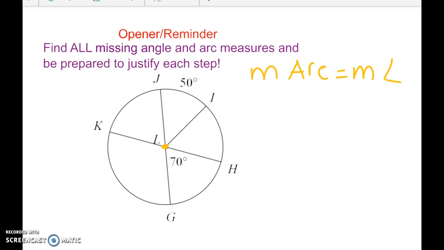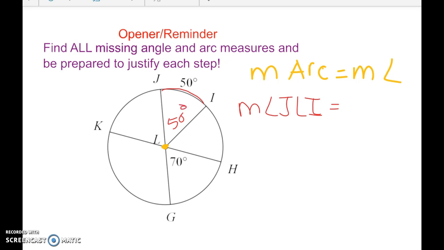So knowing all of this, we can see that arc JI is 50 degrees, so the measure of angle JLI has to equal 50 degrees as well.